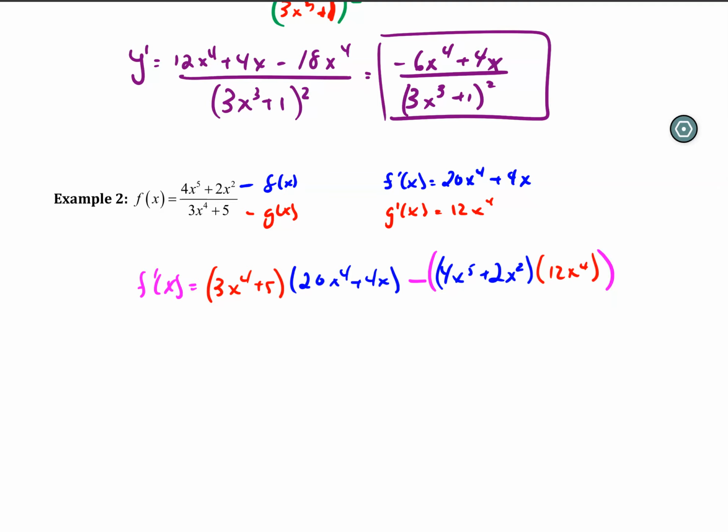Again, all of this is being subtracted, and I'm dividing this whole thing by the denominator, which is 3x to the fourth plus 5 squared.